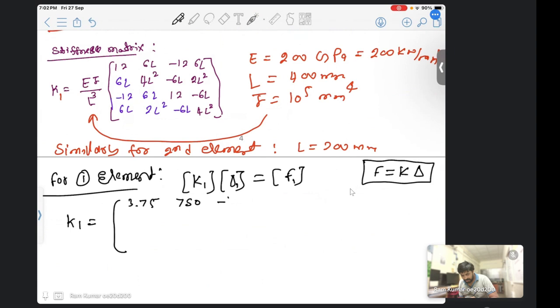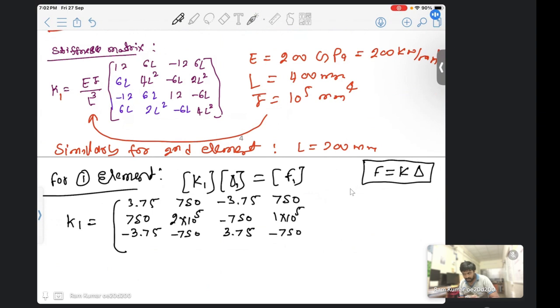3.750, minus 3.75, then 750 and 2 10 to the power 5, minus 750, 1 10 to the power 5, minus 3.75, minus 750, 3.75, 750, this 10 power 5, this 2 10 power 5.